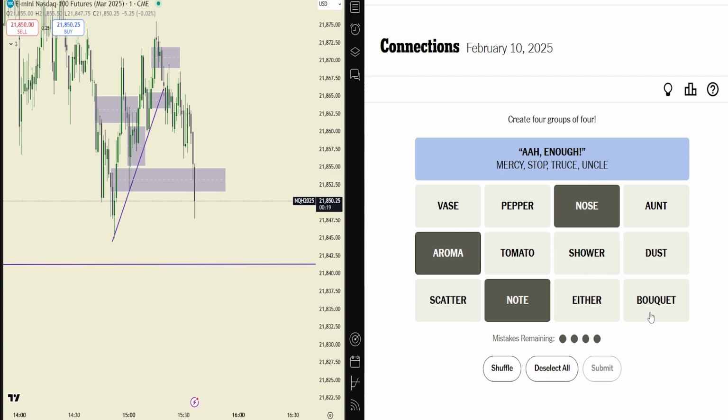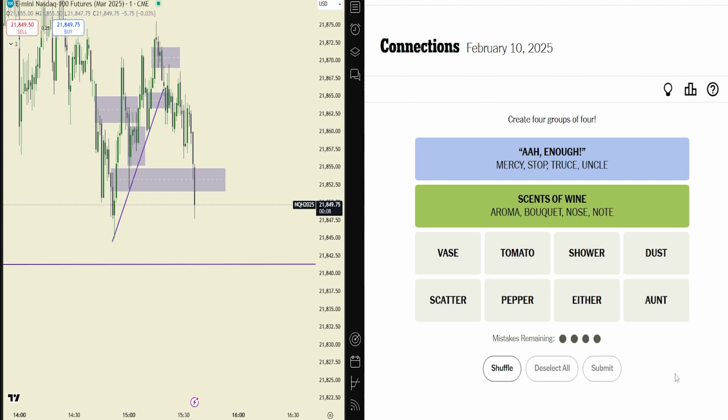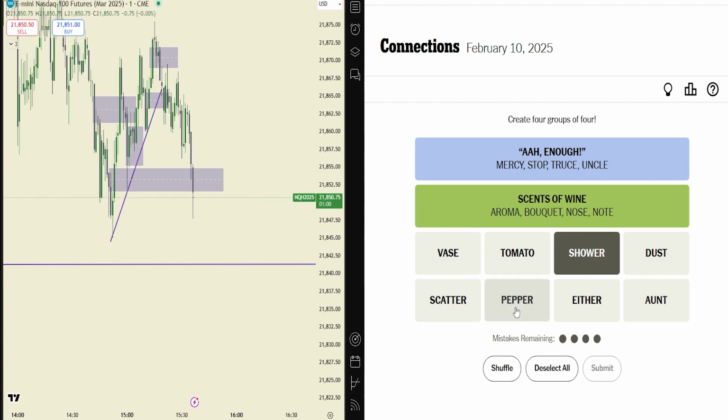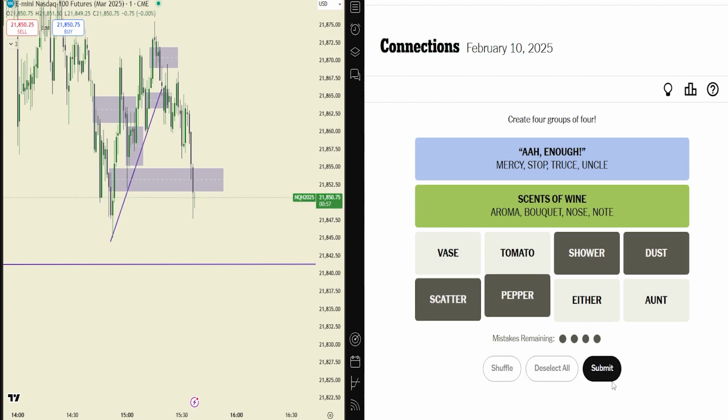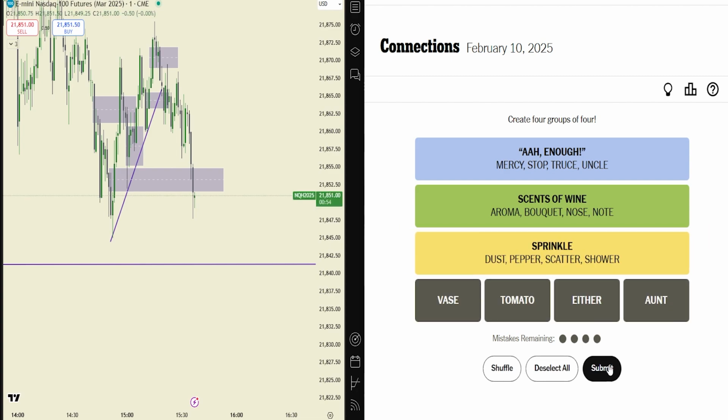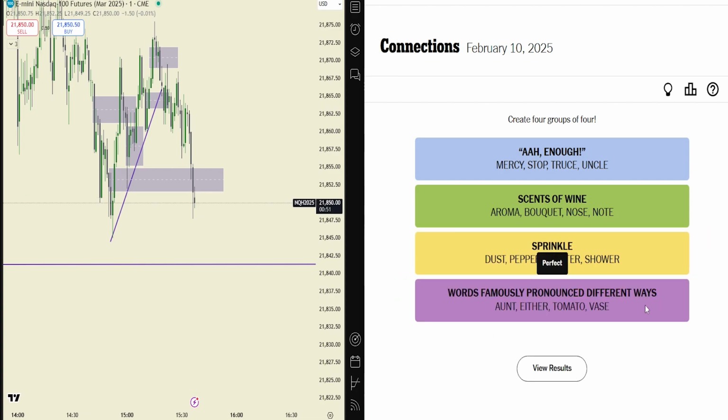Is it bouquet? The bouquet of wine? I don't know. I'm not a big wine fanatic like that. Shower, pepper, scatter, dust. Yeah. Vase, vase, tomato, tomato, either, either, ant, aunt. Fair enough.